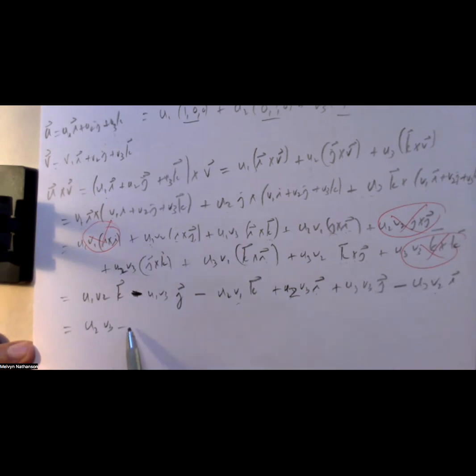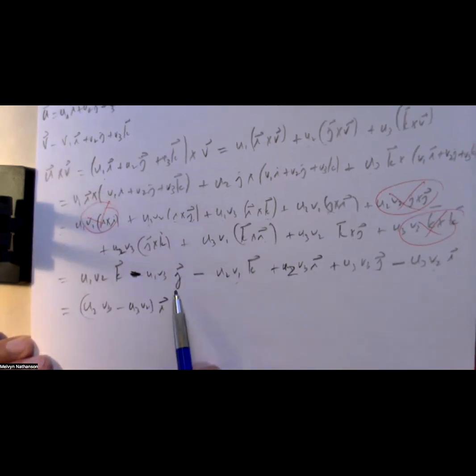So let's see, I have i occurring twice. This should be u2 v3 minus u3 v2 times i.